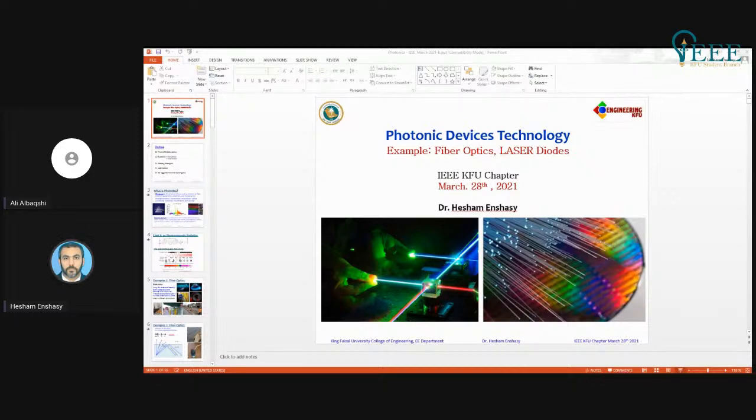The electromagnetic radiation or electromagnetic spectrum spans from radio waves up to gamma rays, going through microwave, infrared, visible light, ultraviolet light, X-rays, and gamma rays. As we go farther in this direction, the energy of the light will increase, the frequency will increase, and the wavelength will decrease.